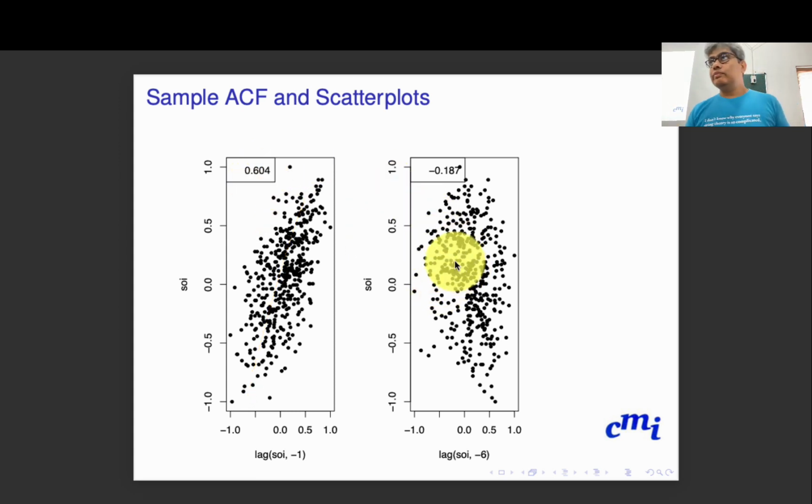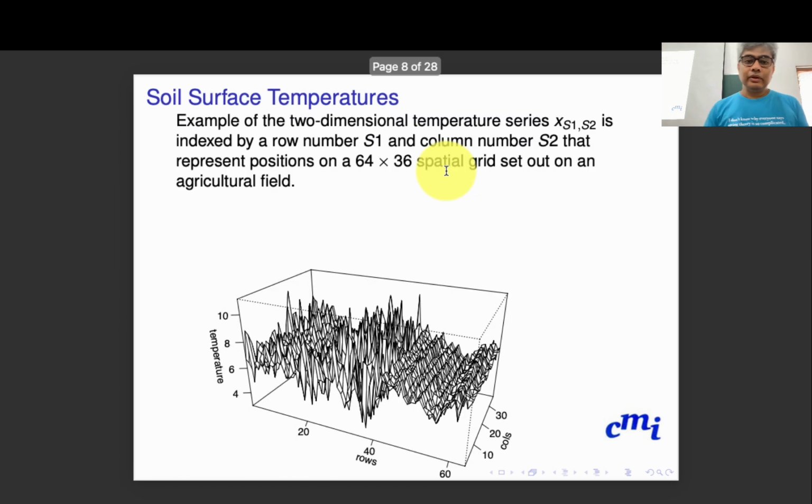Now look at the plot on the right panel. On the x-axis is lag SOI minus 6, meaning 6 lags, and on the y-axis the SOI itself. Here there is a negative, not so strong, but some sort of negative relationship, with correlation negative 0.187.